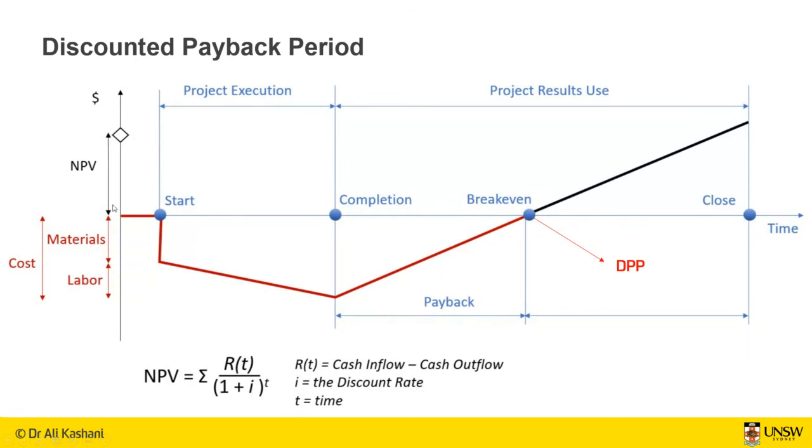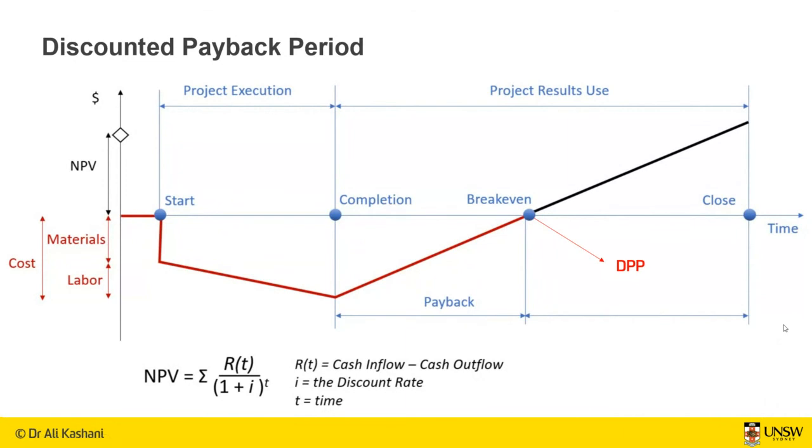When your net present value, which is the discounted cash flow minus your initial investment, equals 0, this is going to be your discounted payback period. After that period, your net present value is going to be positive. Which means that you need to wait an amount of time equal to the discounted payback period in order to generate any profit.